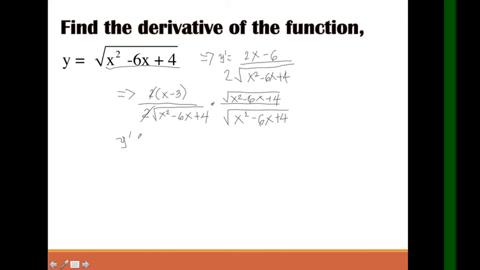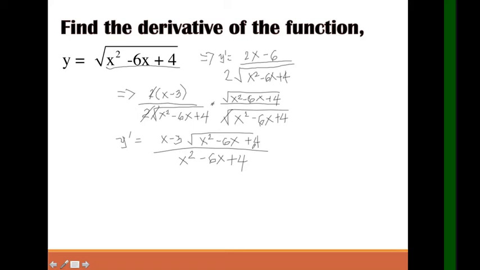So, the derivative of y is equal to x minus 3 square root of x squared minus 6x plus 4 all over, cancel na natin to, that's x squared minus 6x plus 4. Okay?